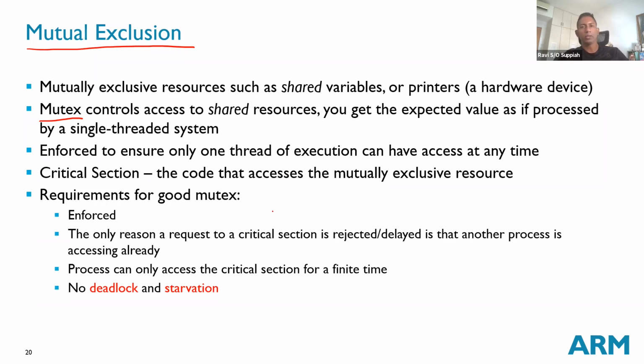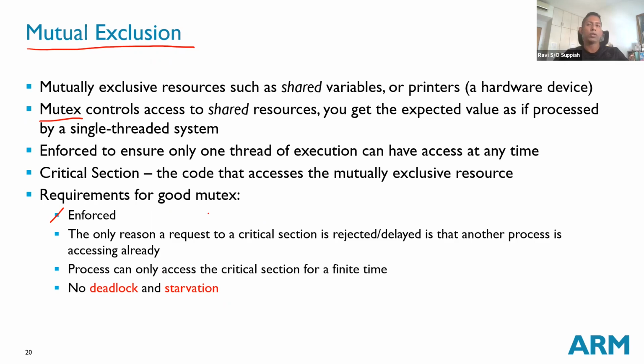Once you lock it, you are the only person who is able to access it, and with that you can ensure you have exclusive access to use that particular resource. One thing about mutex is it is enforced by the OS itself.